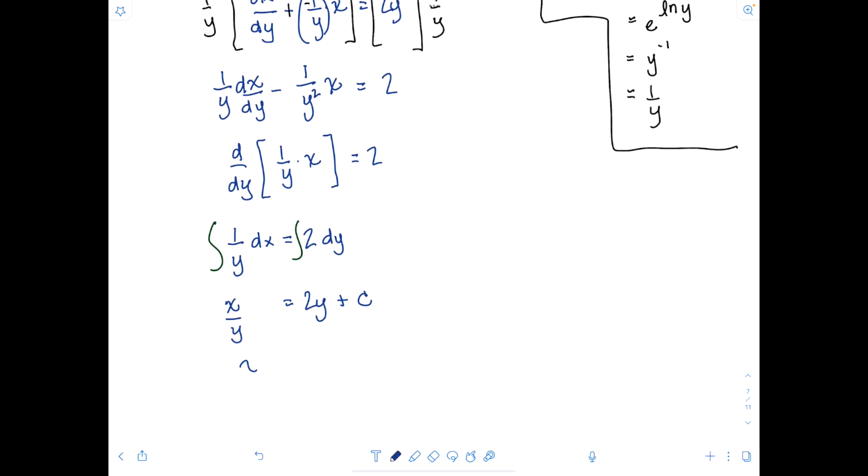And then x will be 2y squared plus c times y.